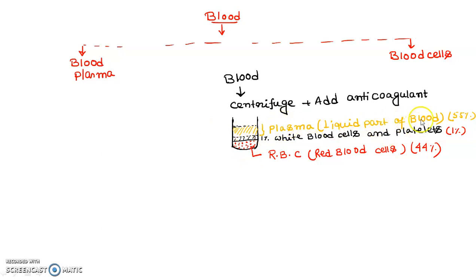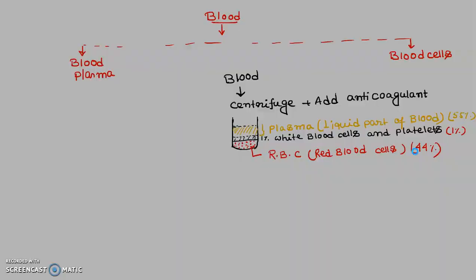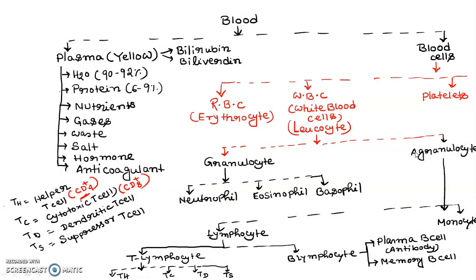Plasma, the liquid part of blood, is 55%, white blood cells and platelets 1%, and RBC, the red blood cells, 44%.